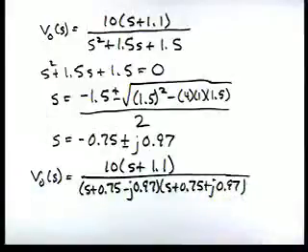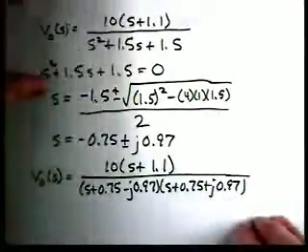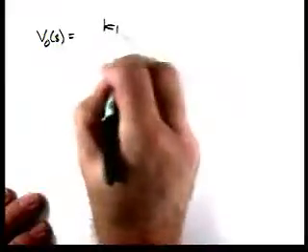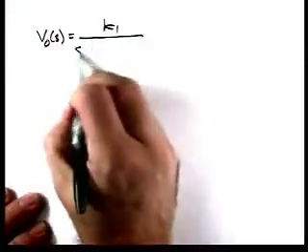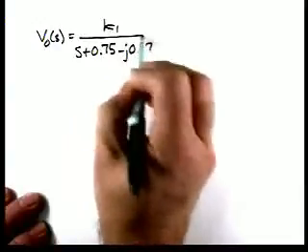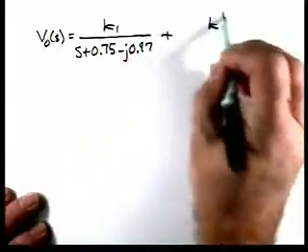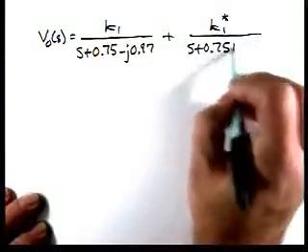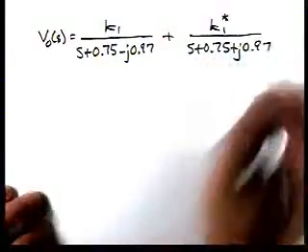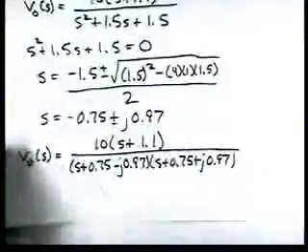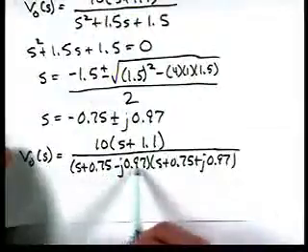Then our partial fraction expansion for V0 will be K1 over (s plus 0.75 minus j0.97) plus K1 conjugate over (s plus 0.75 plus j0.97). The way we find K1 is we multiply through by (s plus 0.75 minus j0.97).